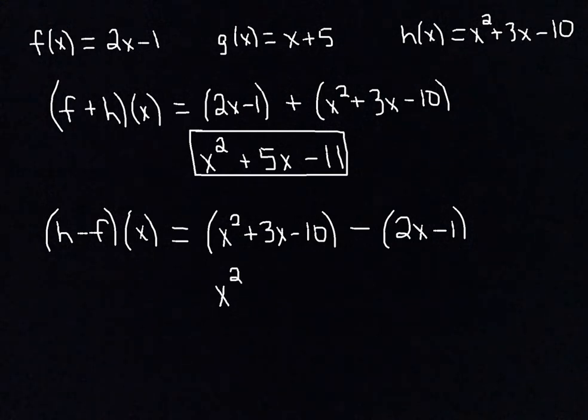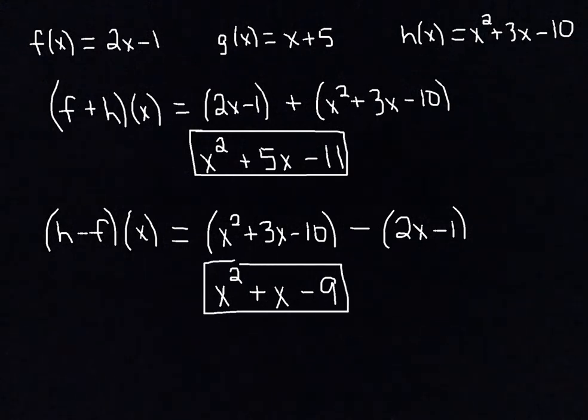And you have 3x minus 2x. That just leaves you with 1x. And you have negative 10 minus negative 1. So when you minus a negative, it's really add the opposite. So it's negative 10 plus 1, which is negative 9. So x squared plus x minus 9.